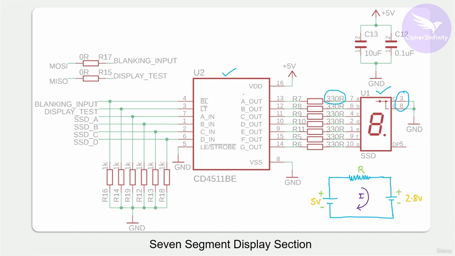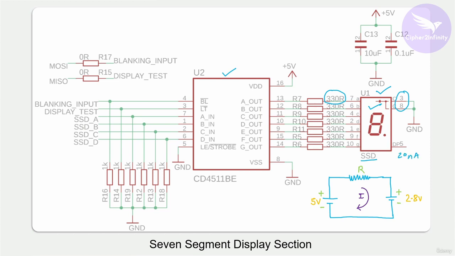So if you connect all these pins directly to this 7-segment display, then the life of this 7-segment display will decrease. So you have to make sure that you connect the appropriate value of resistor here. And if you check the data sheet of this 7-segment display, you will see that the maximum current that we can provide to each LED of this 7-segment display is 20 milliampere.